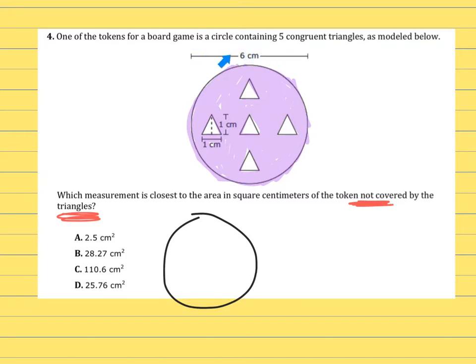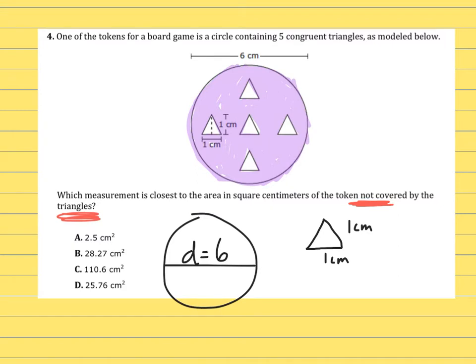And they had to put it out here because the inside's filled up with those triangles. So the distance all the way across, the diameter, is 6. And then I have 5 little triangles. And my little triangles are 1 centimeter by 1 centimeter, the base and height.